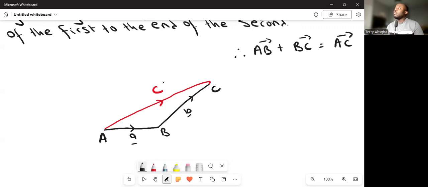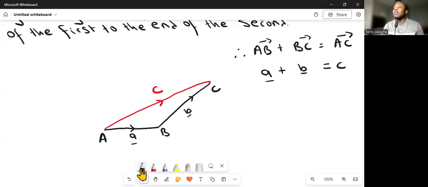That means A plus B is equal to C. So if you're adding two vectors together, you draw a line from the beginning of the first vector to the end of where you want to go. Just like what I talked about, moving from your house to the shopping mall, it's exactly the same principle here. Okay, good.